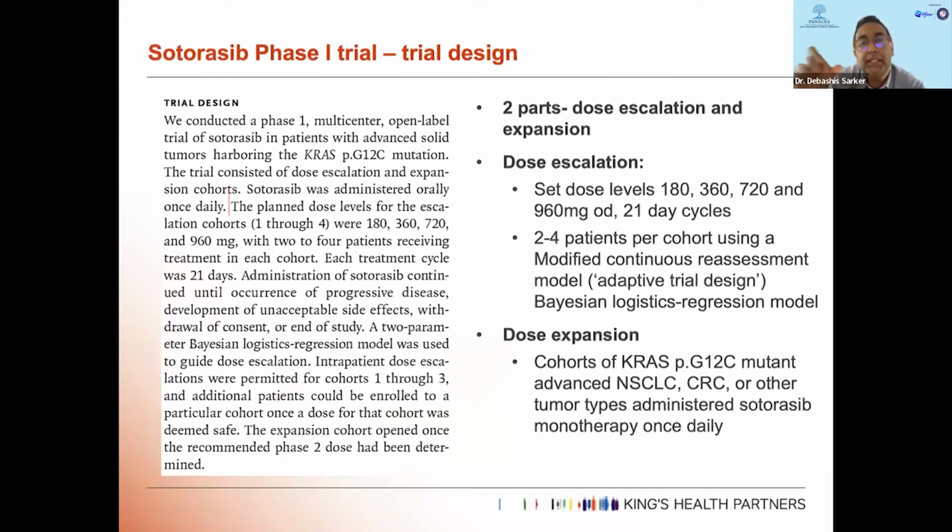Between the first 3 doses, they've done doubling, and for the 4th dose level the increment is less, only about 70%. That shows what I was telling you earlier: in the earliest doses you try to escalate as quickly as possible, and as you get to a higher dose, the increment between doses usually reduces.